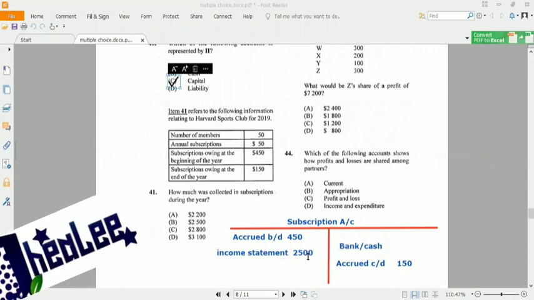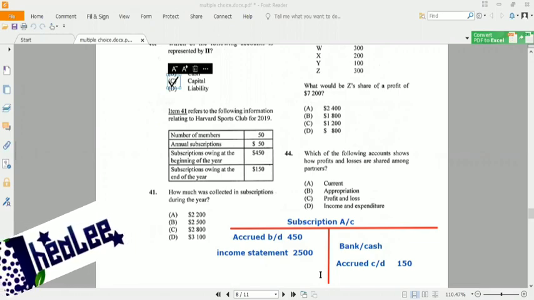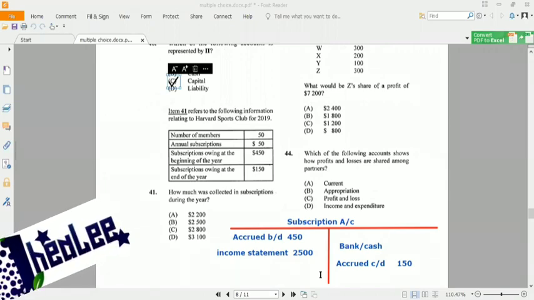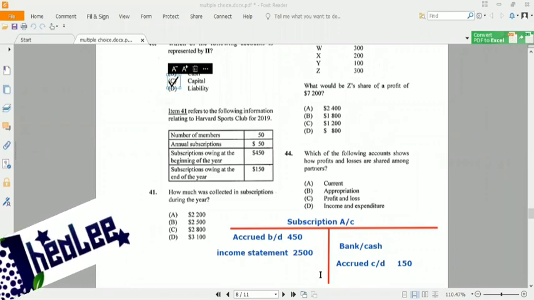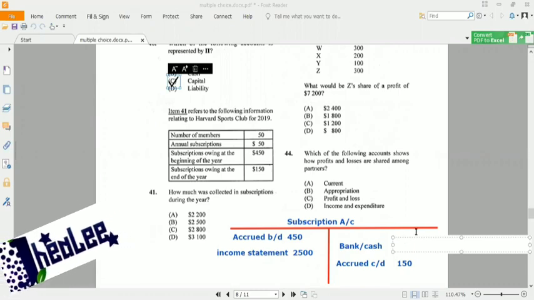All right. So based on what we have now, we have all of 2,950 on the debit, and we have only 150 on the credit. And that would give us the amount that is collected for the year. What is it? 2,800.